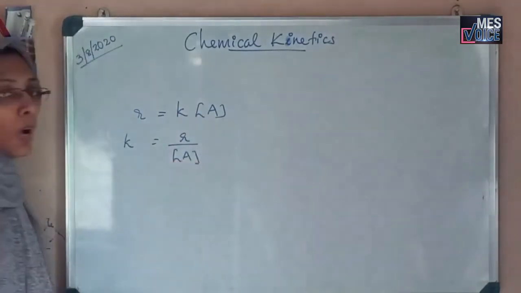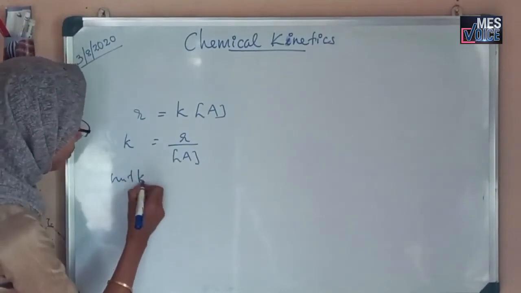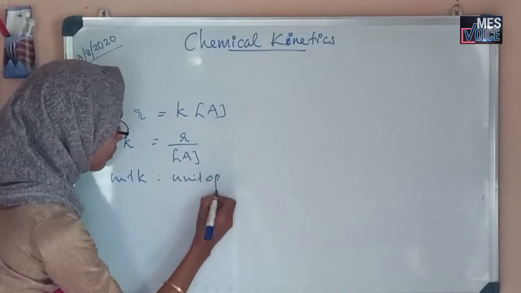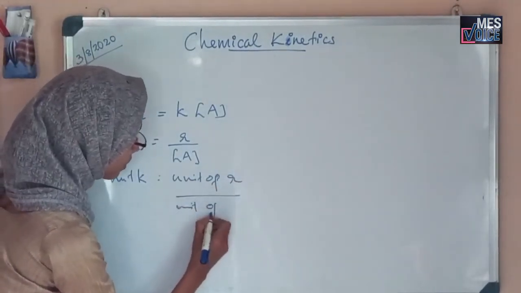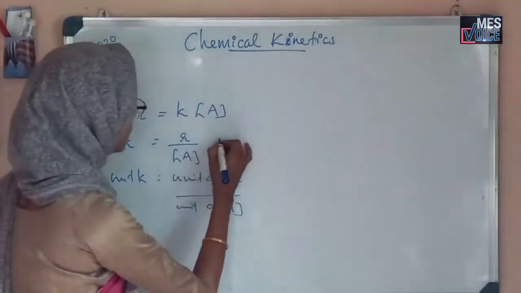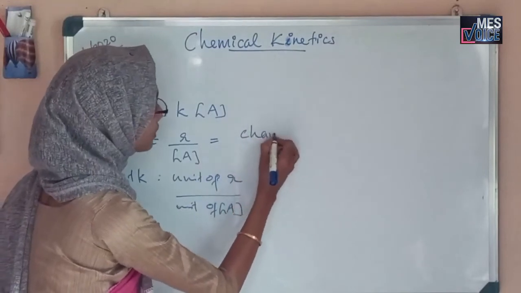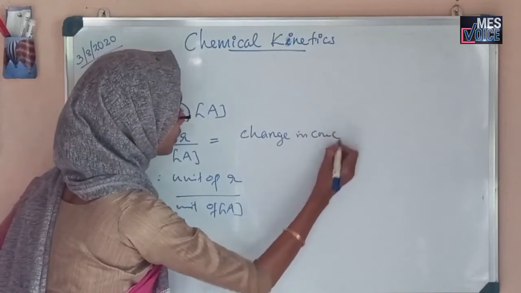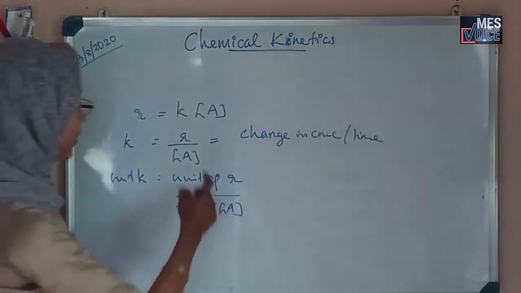Then the unit of k is equal to the unit of r divided by the unit of concentration. Here r is the change in concentration divided by time.